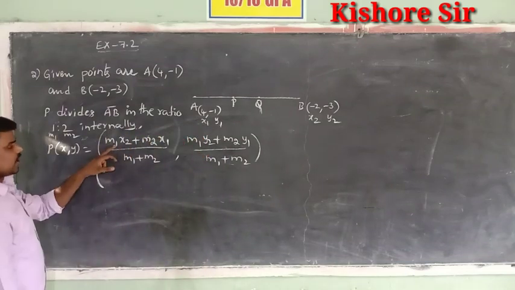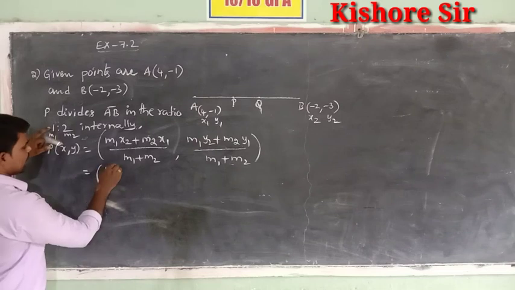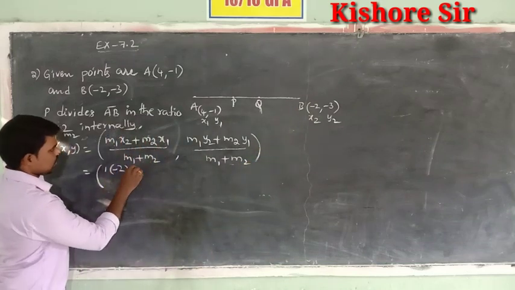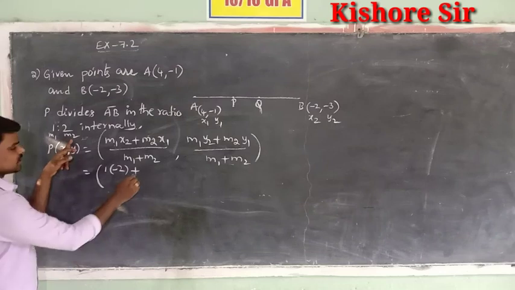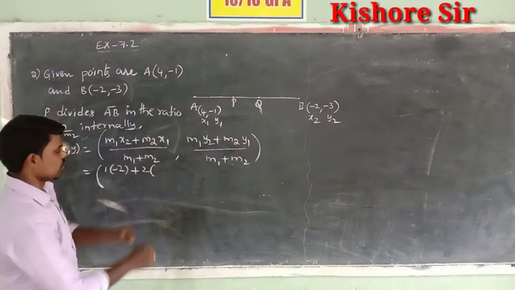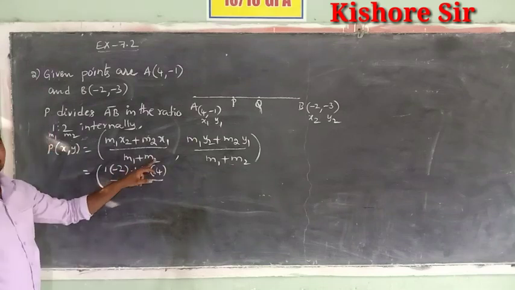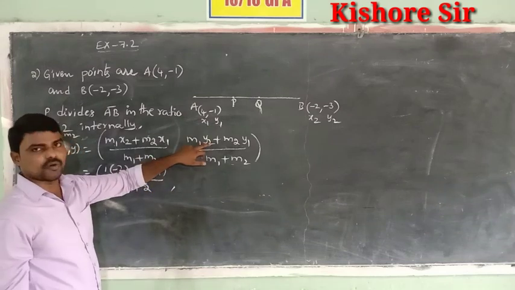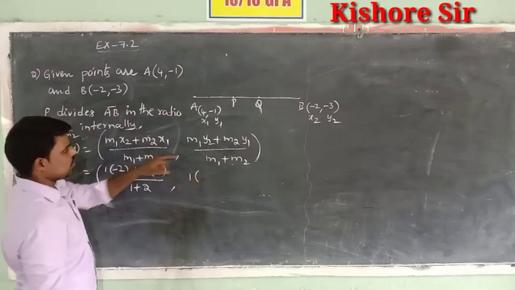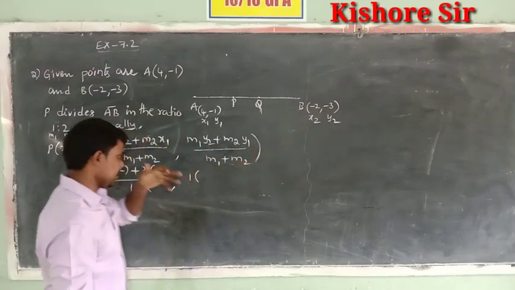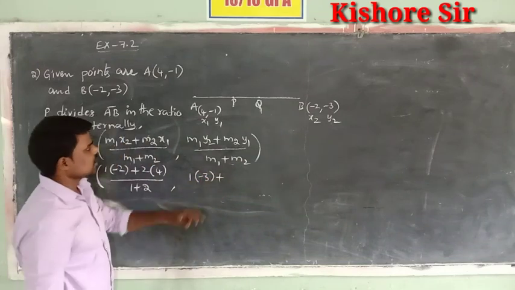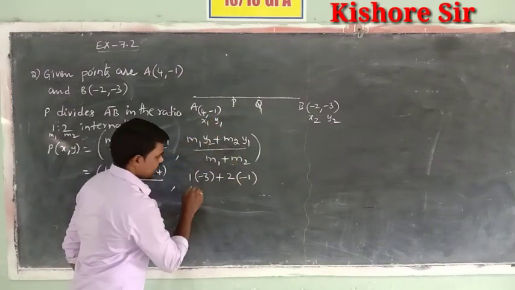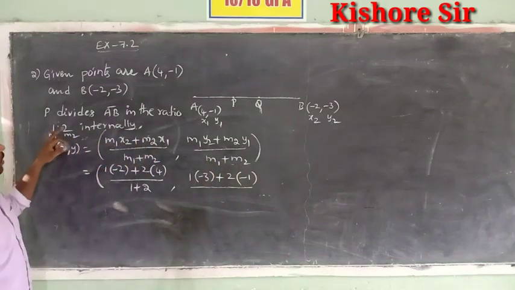Substitute: m1 is 1 into x2, here x2 is minus 2, plus m2, which is 2, into x1, 4, by 1 plus 2, comma m1 into y2, the value of y2 is minus 3, plus m2, 2, into y1, minus 1, by 1 plus 2.